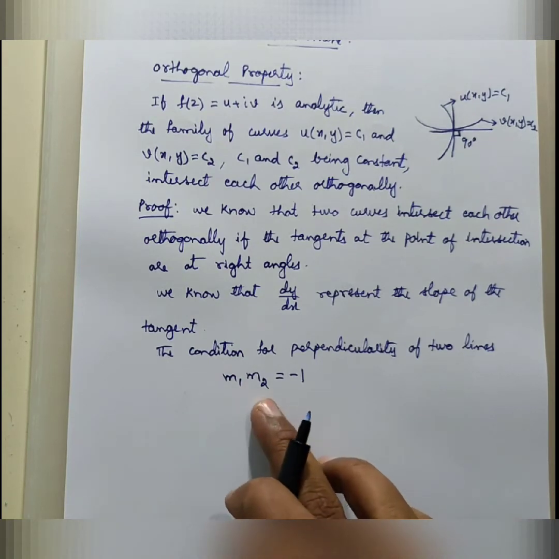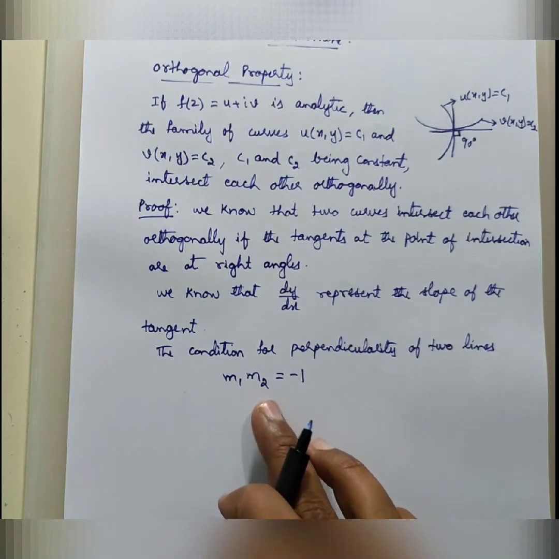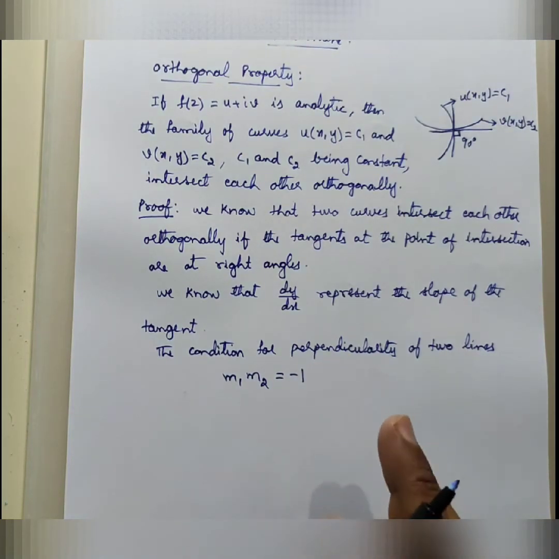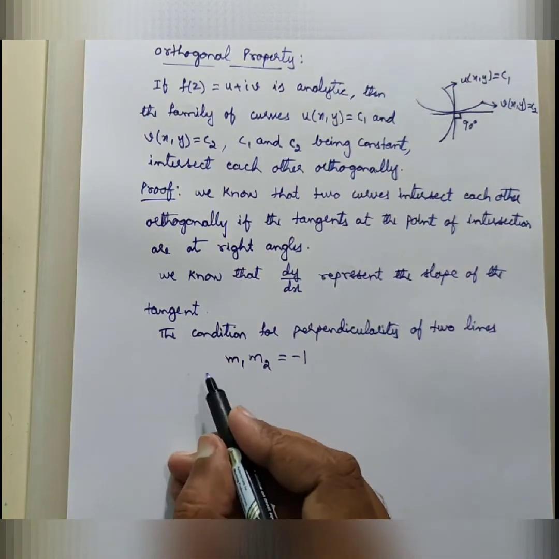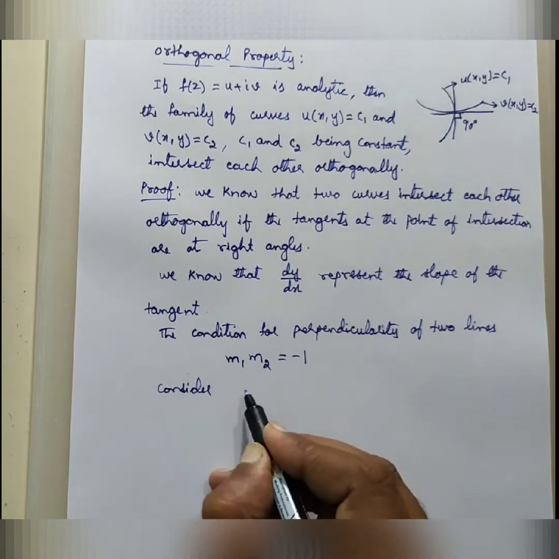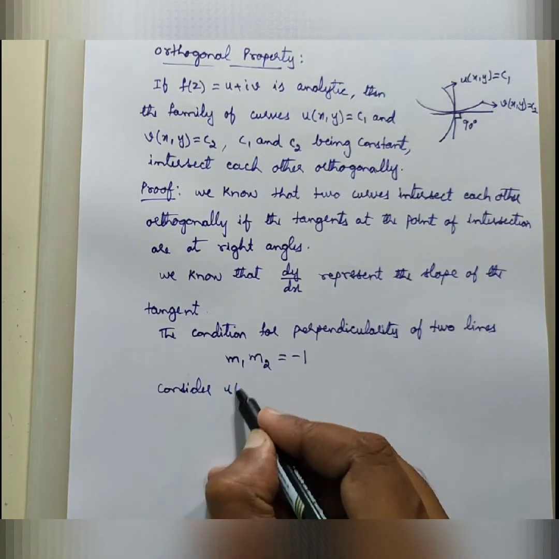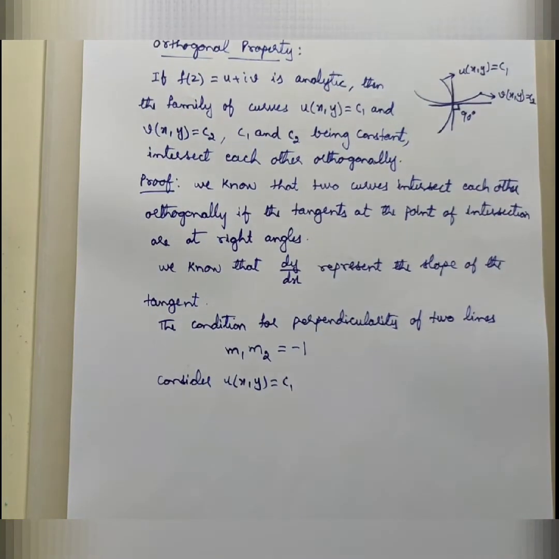So using this condition for the given curves u and v, I will show that the two curves are perpendicular to each other. Therefore, now we'll consider the first curve. Consider the curve u of x comma y is equal to c1.